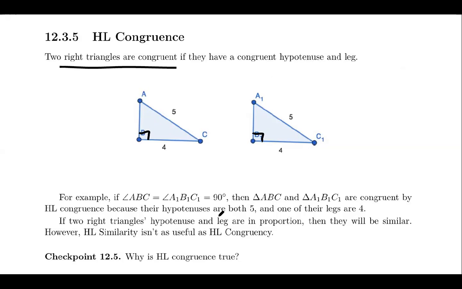And we can also say that if they're in proportion, they will be similar. So does anyone know why HL congruence is true?